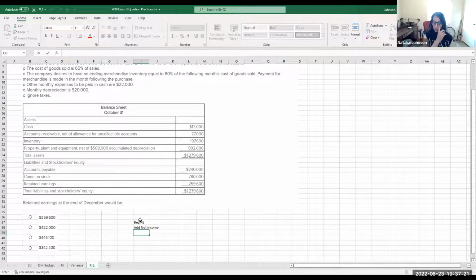Also, sometimes you have to subtract dividends. That's just good to know. But because in this question they don't give you dividends, we only need to find the net income and add it to the beginning retained earnings, and that will equal ending retained earnings.